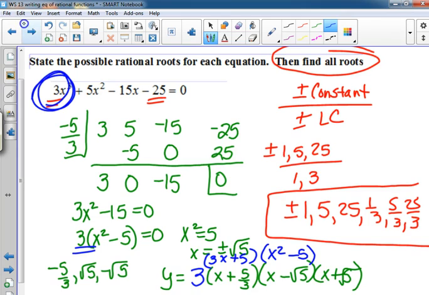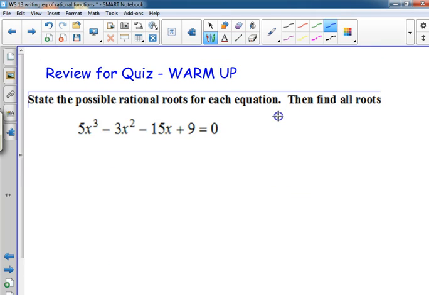All right. One more. Factors of what? Somebody start typing and graph this baby for me. Factors of 9 over factors of 5.